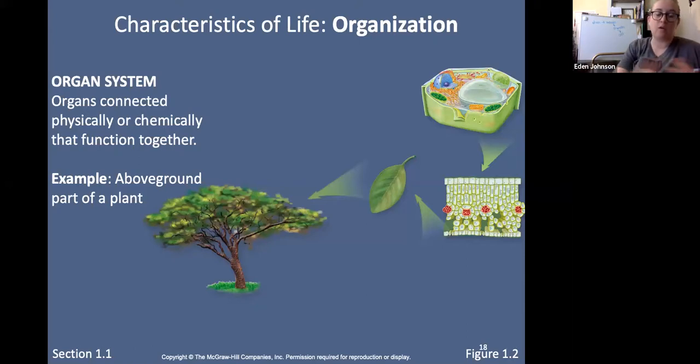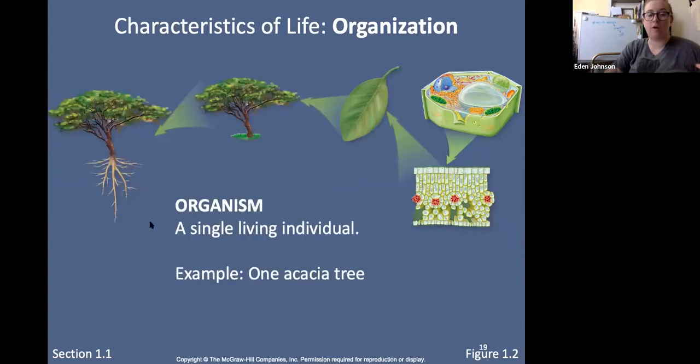All of these are organ systems that rely on specific organs in order to perform various roles. And so all of your organ systems are incredibly important. And those organ systems functioning together are going to be what makes up a whole living organism.